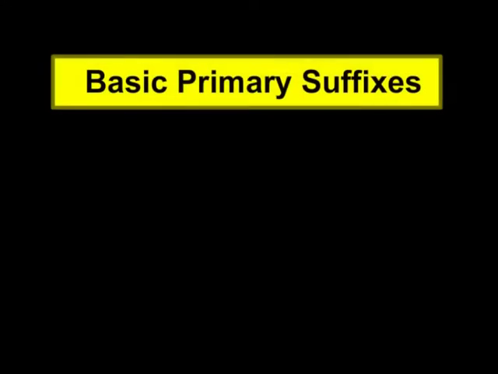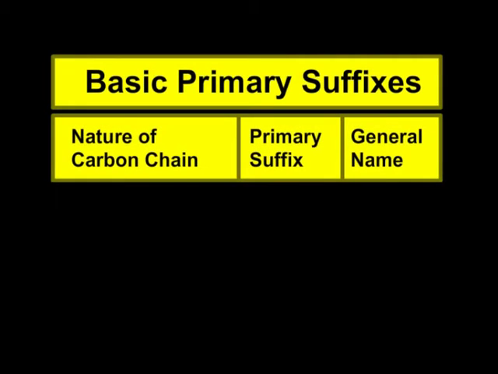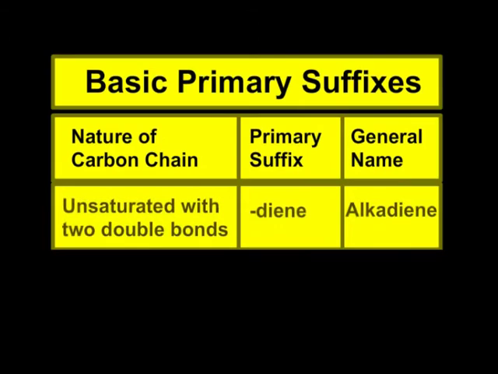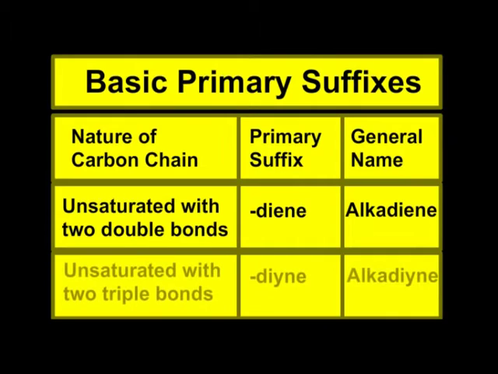This table makes it more clear that if the parent carbon chain contains two double bonds, primary suffix will be diene. General name of the compound will be alkadiene. If the parent carbon chain contains two triple bonds, primary suffix will be diyne. General name of the compound will be alkadiyne.